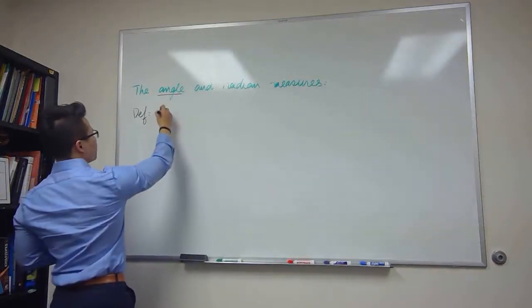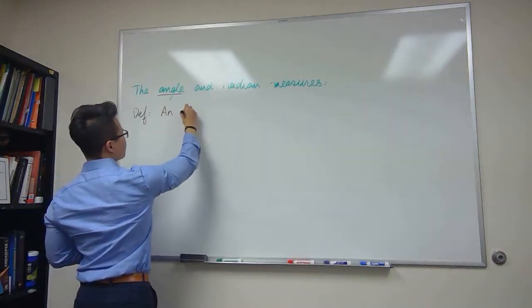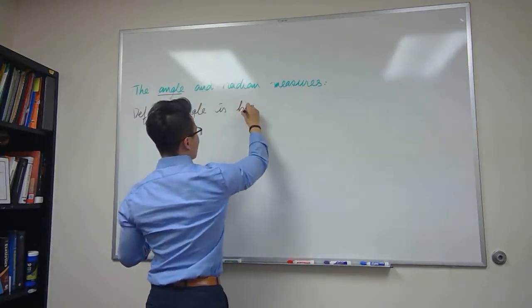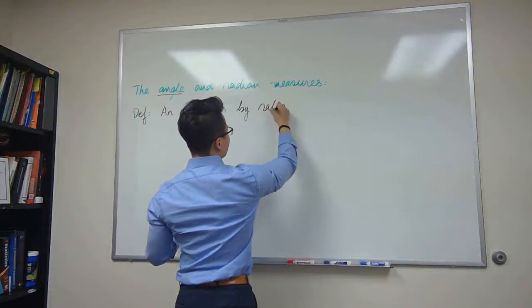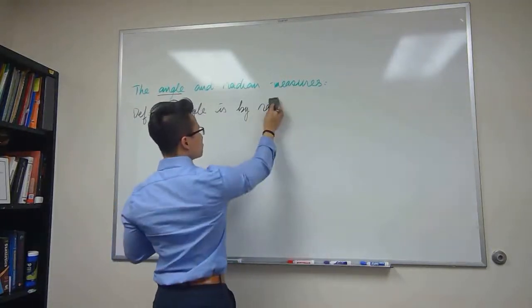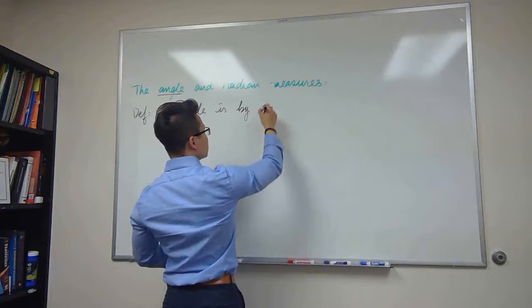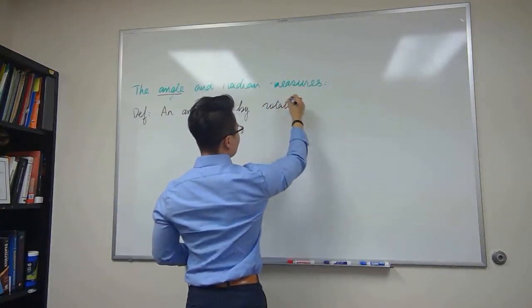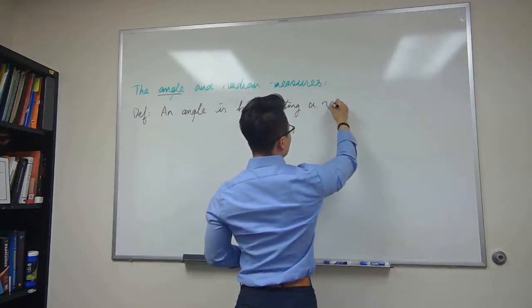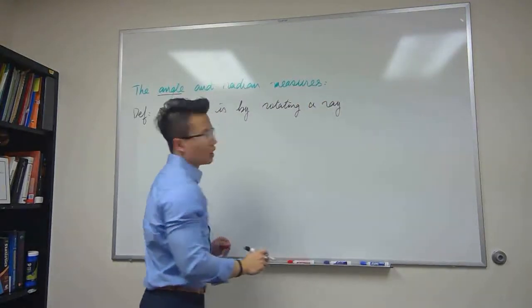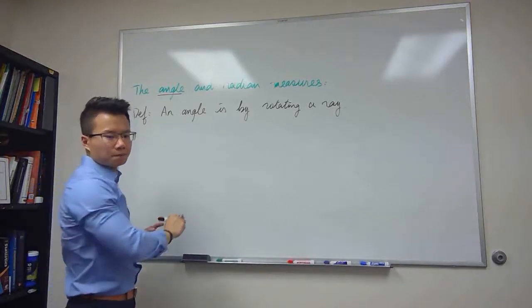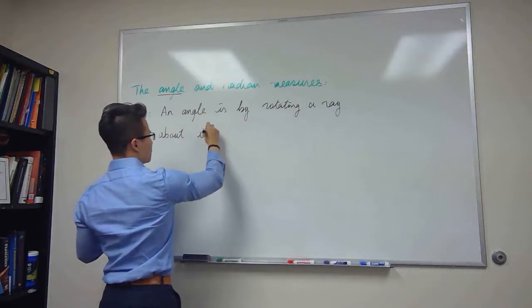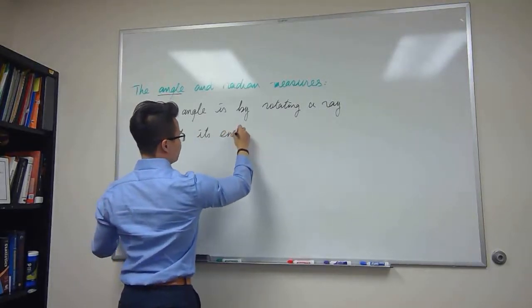Okay, so for the definition, an angle is formed by rotating a ray about its endpoint.